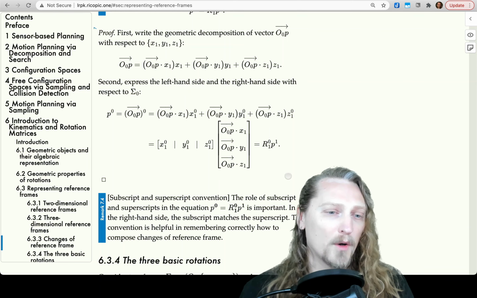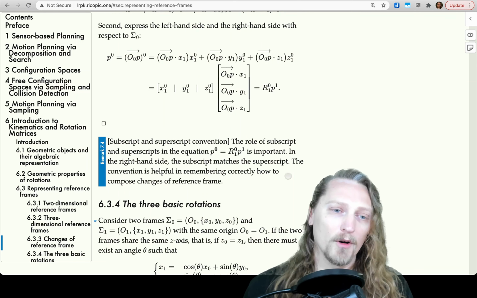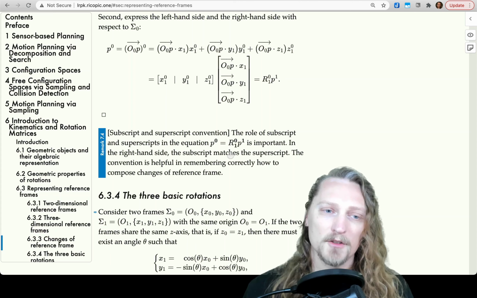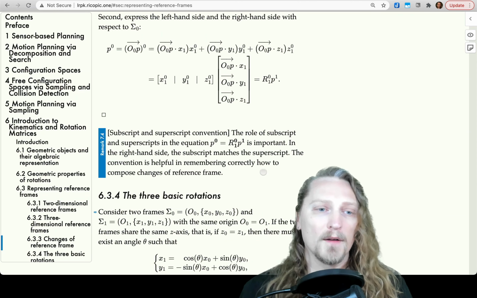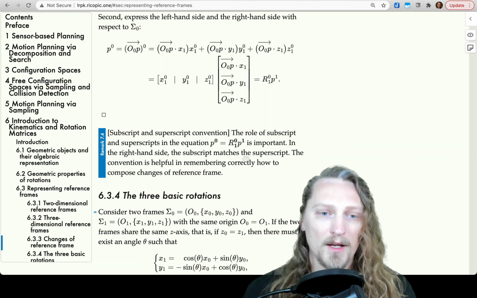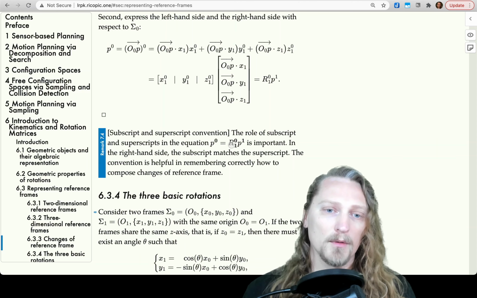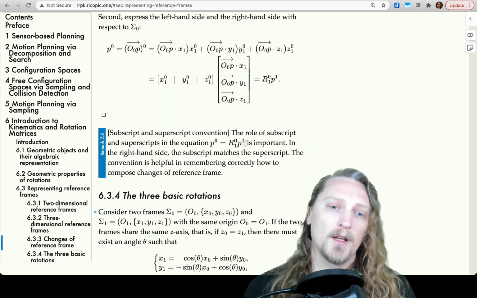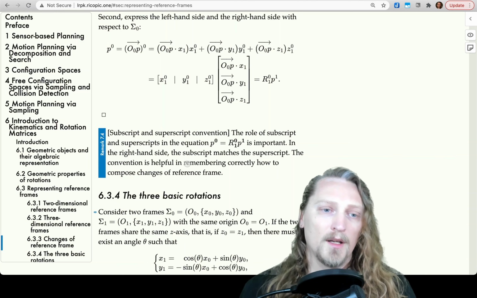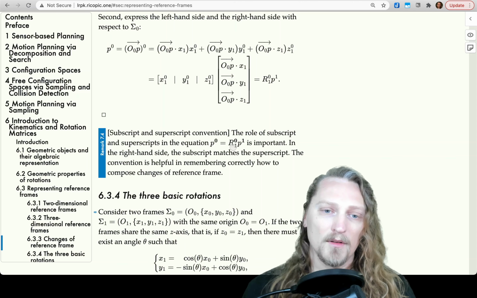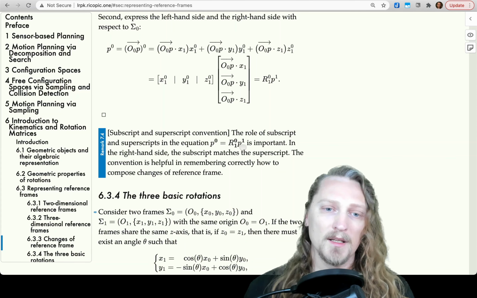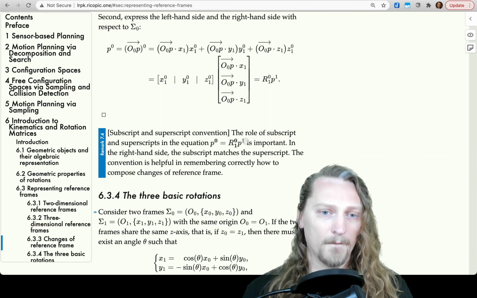And this is an important remark, 7.4, to finish off this subsection. Subscript and superscript convention. The role of subscript and superscripts in the equation P0 equals R10 P1 is important. In the right-hand side, the subscript matches the superscript, R sub 1, P super 1, okay?